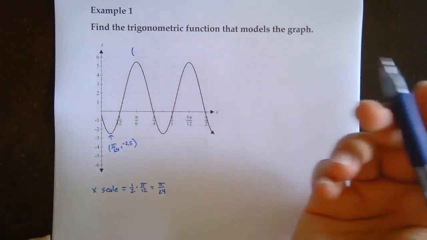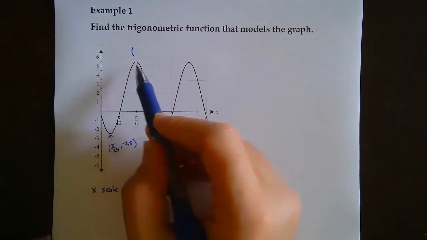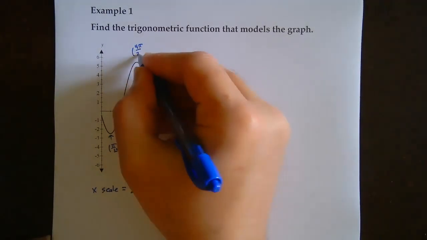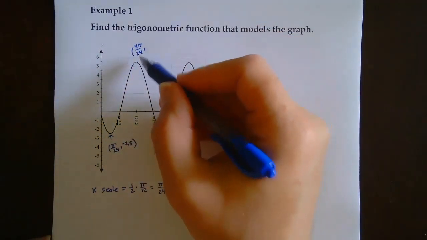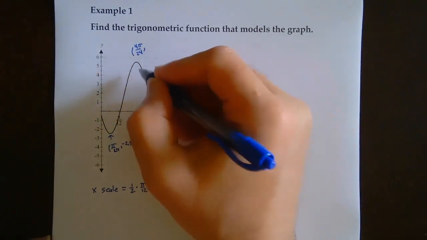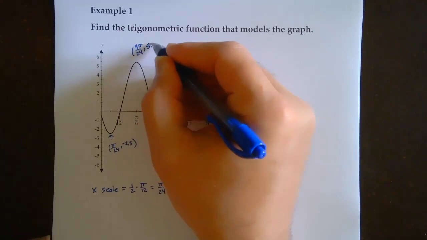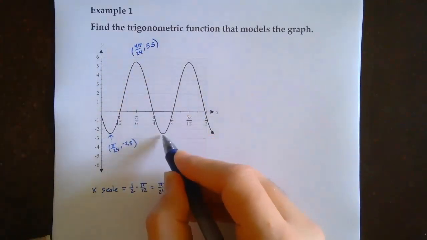You can write it in 24ths too. Okay, so this would be 1, 2, 3, 4 pi over 24. I'm going to tell you, you won't have to get a common denominator if you do them all in 24ths, okay? That's why I'm leaving it. So then this would be 5.5, okay? And then I'm going to go to this next one right here.